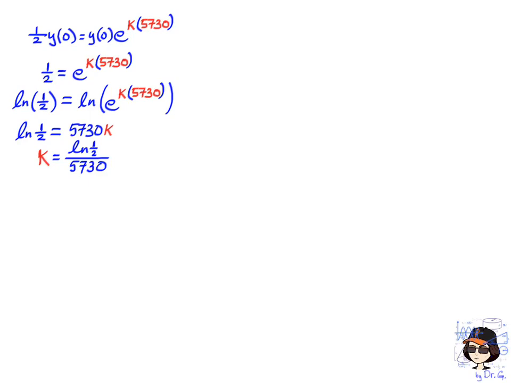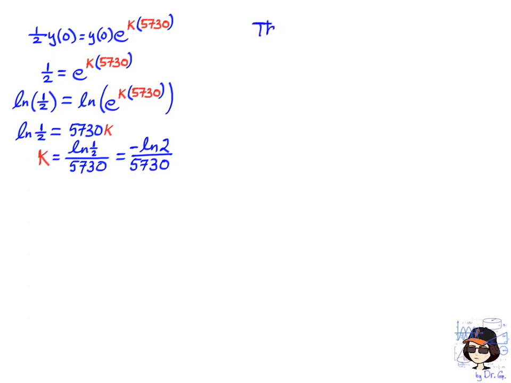So don't put it in your calculator, but you should be able to tell that this is a negative number, because we can rewrite the numerator as negative natural log of 2. And we know natural log of 2 is a positive number because it's greater than 1. So this is a negative constant. K is negative. Great.